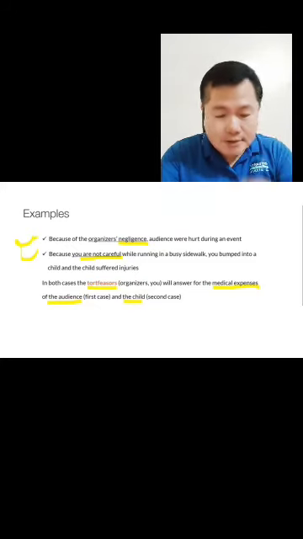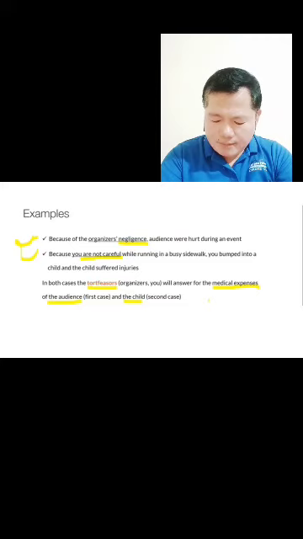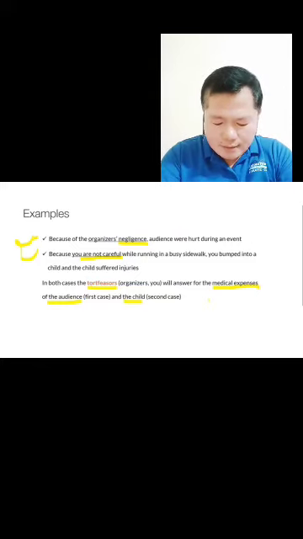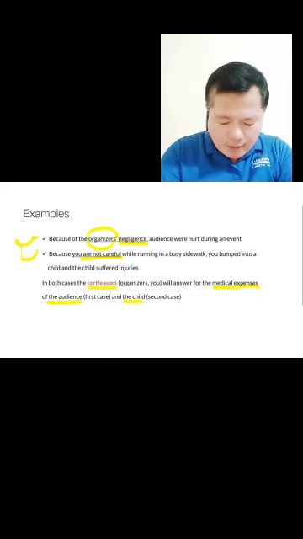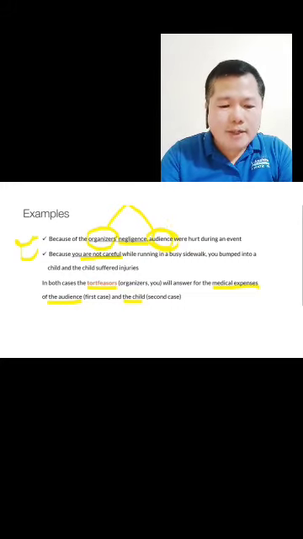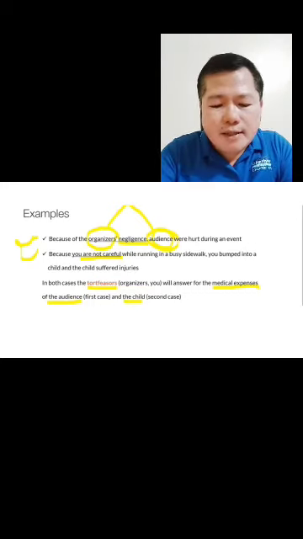So, dito sa dalawang example natin, why are you obliged? Because of your negligence. Okay? So, even though there is no contract between the organizers and the audience, it is still binding, no? So, kahit walang contract, magkakaroon pa rin siya ng binding force. And the binding force is the so-called quasi-delict.